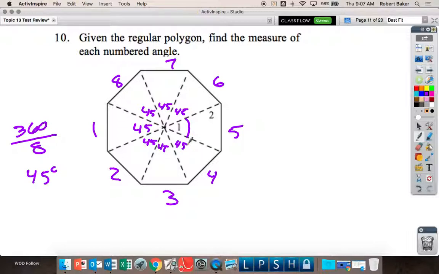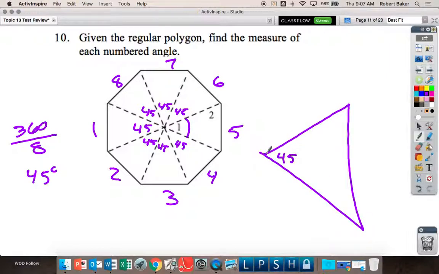Now, if we're looking at the central angle, when you draw a line down, it creates a right triangle. This apothem cuts this angle in half. So if the angle in the middle is 45, that means each piece up and down is 22.5. We don't really need to know that, but we need it to find how big angle 2 is.